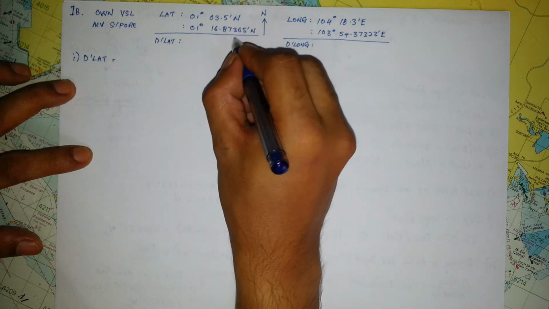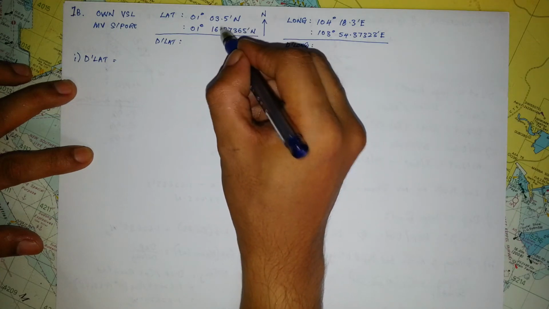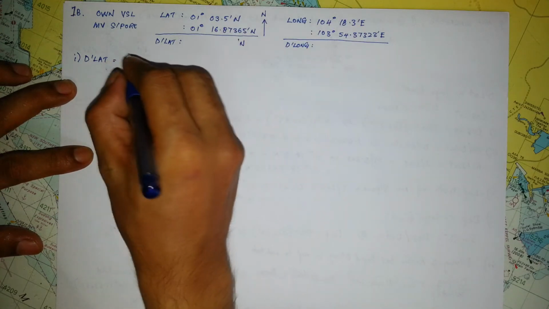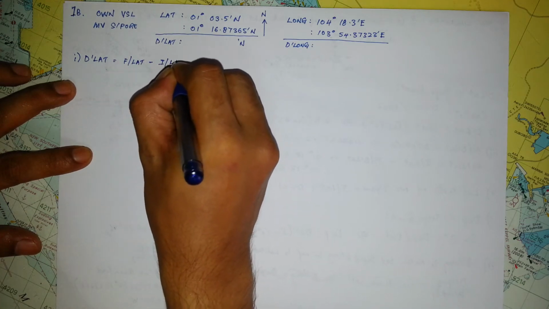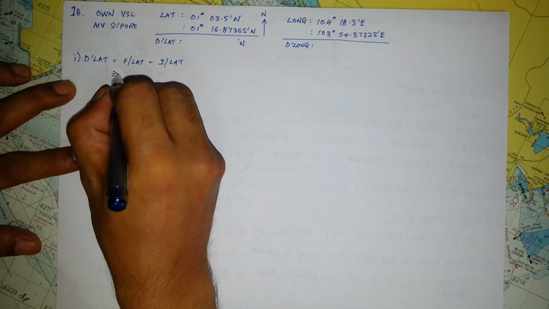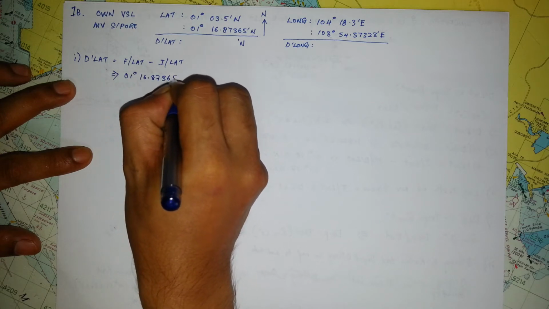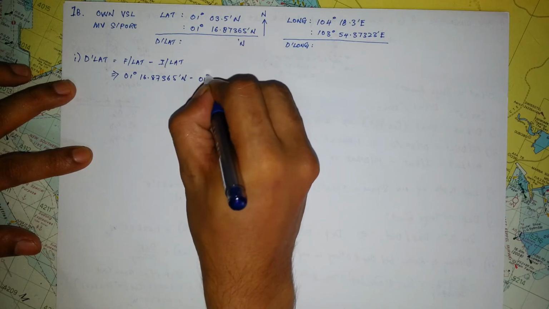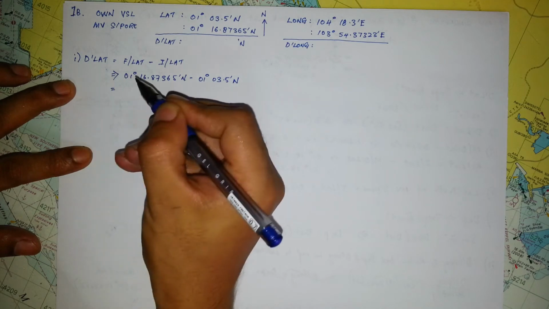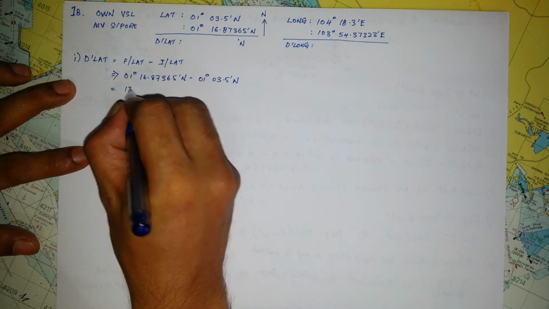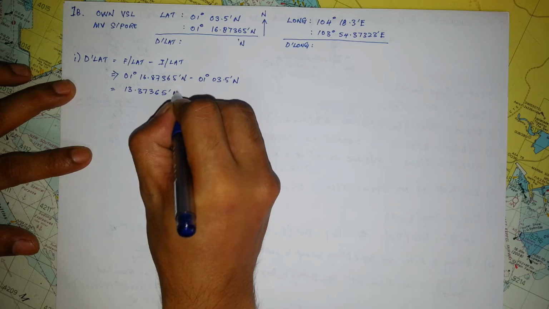So it is going to be in northerly direction, so you have the final latitude minus the initial latitude, and you will have 16.87365 minutes north minus 01 degrees 03.5 minutes north, and you will have the D-lat as 13.37365 minutes north.